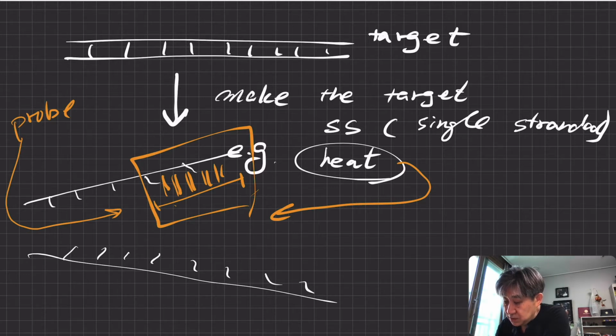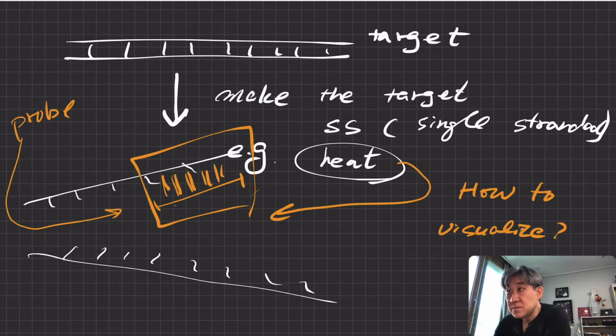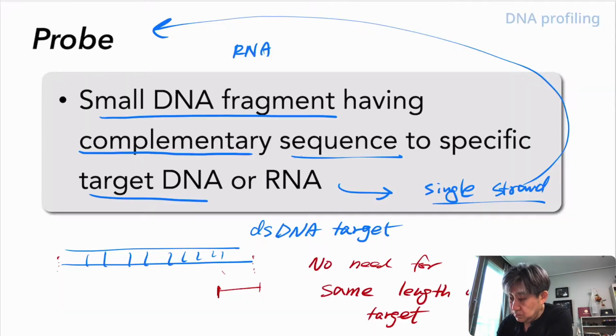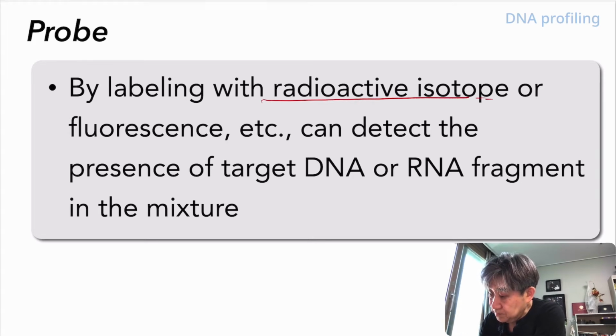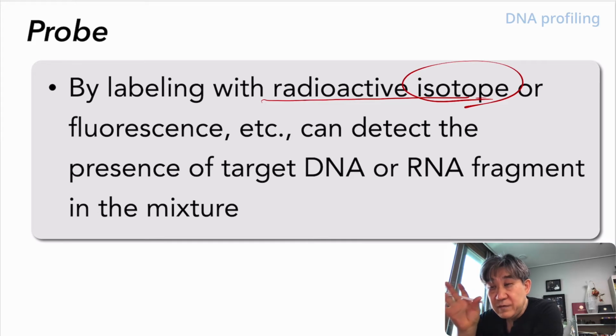Now the question is how to visualize this interaction. You can use a radioactive isotope in preparing your probe DNA fragment.